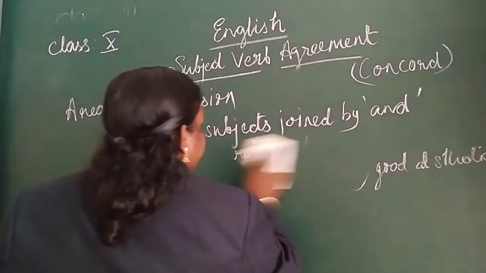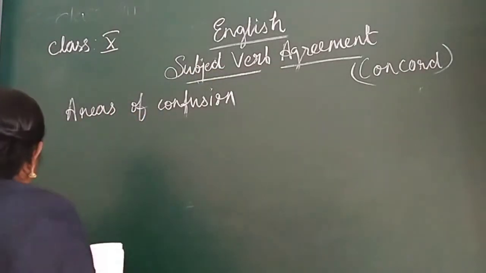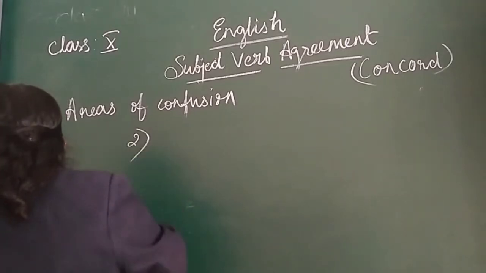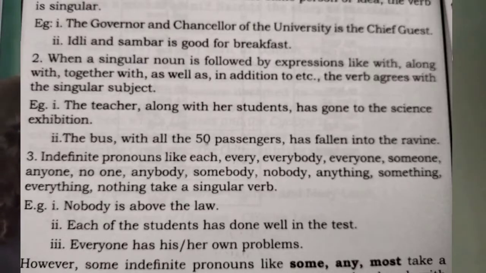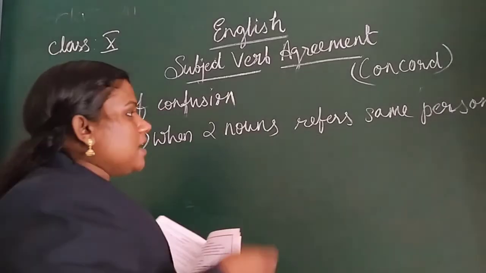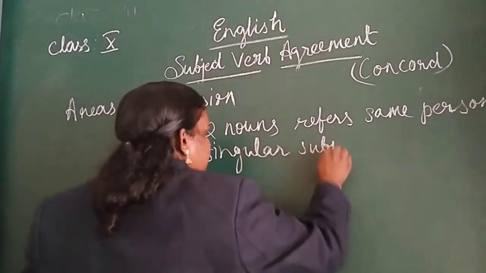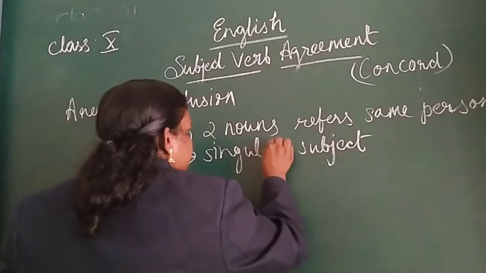Second point is, when two nouns are connected by and but are referring to the same person or the same thing, it will take a singular verb.